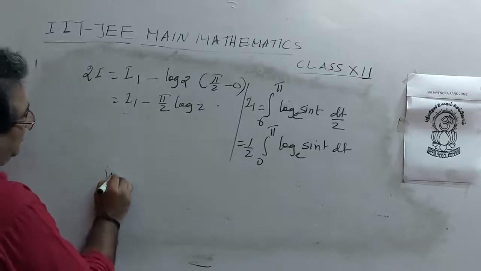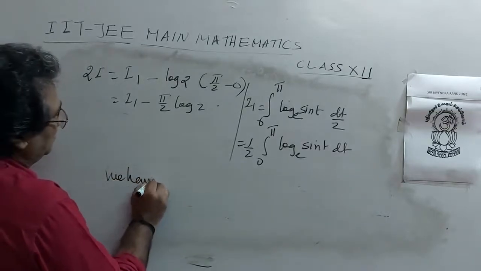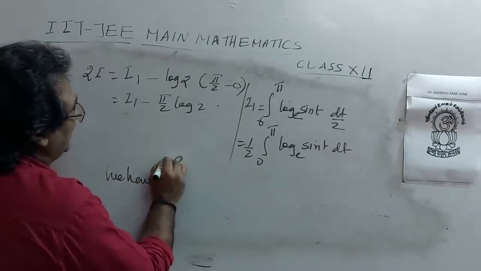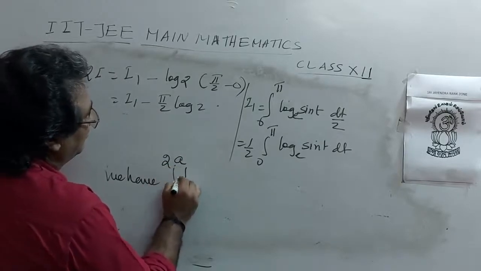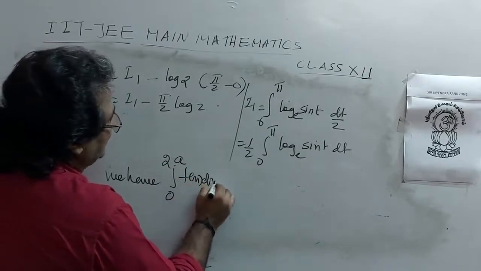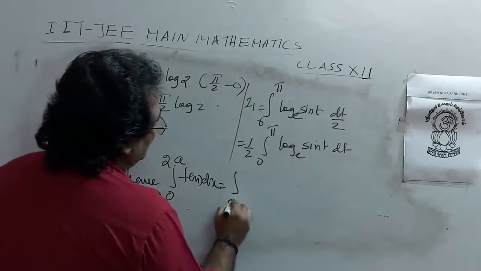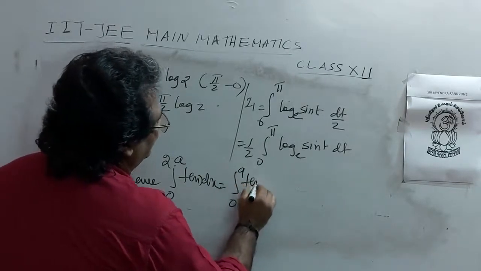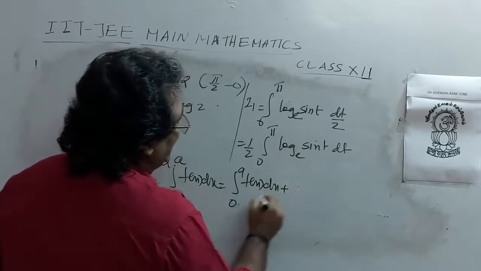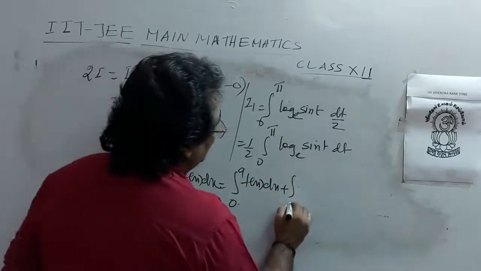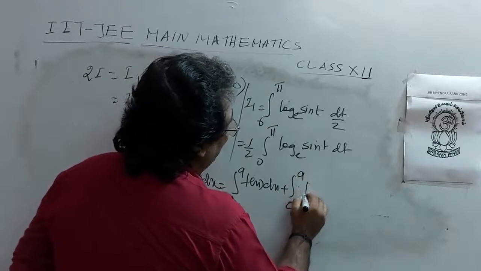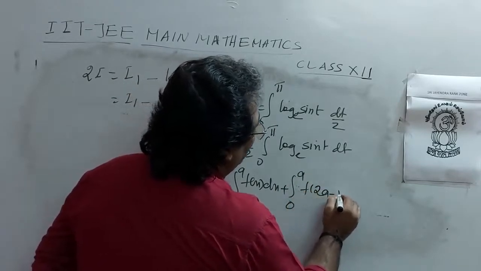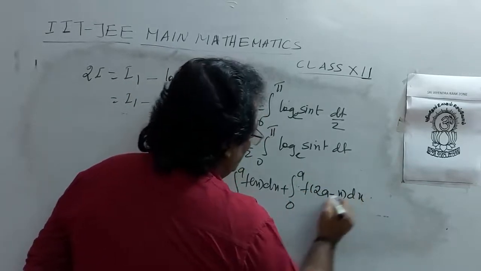We have one result: integral 0 to 2a f of x dx equals integral 0 to a f of x dx plus integral 0 to a f of 2a minus x dx.